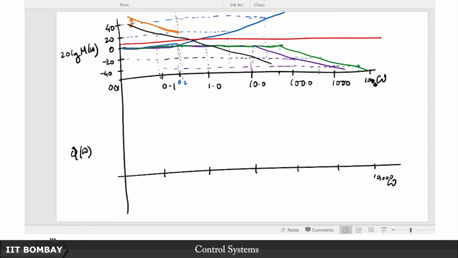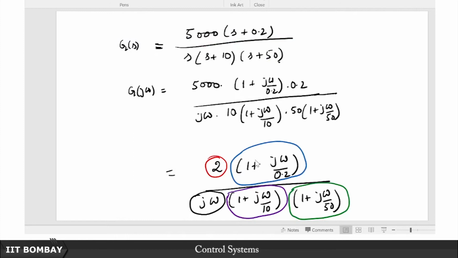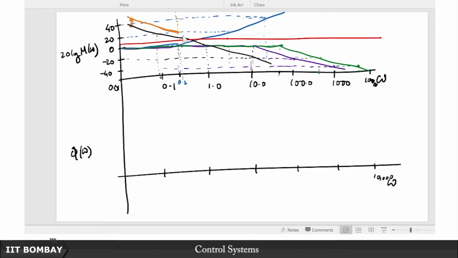But what happens at this point? You see, at this point the integrator still keeps falling, but now this blue line which corresponds to this zero here starts rising, right. So therefore they nullify each other. So they will keep nullifying each other until we encounter some other blocks.